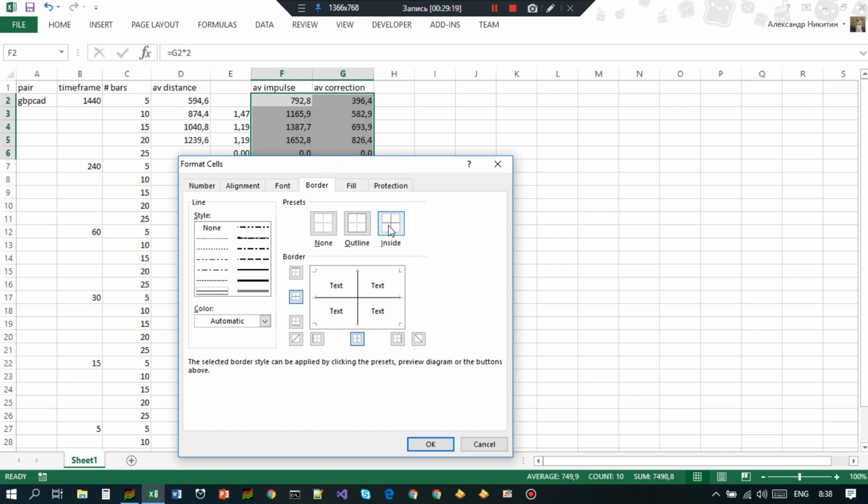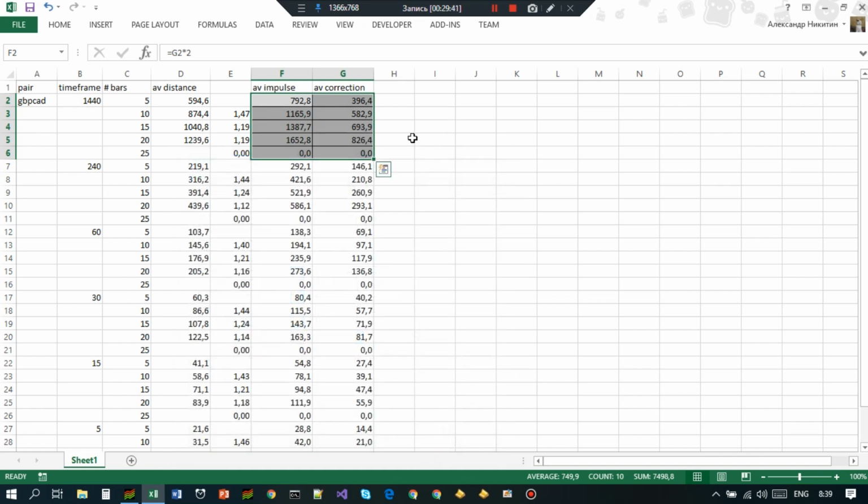We should have all the borders, and we should have none, outline, and inside. I just don't see if we have them all. Okay. Oh, perfect.